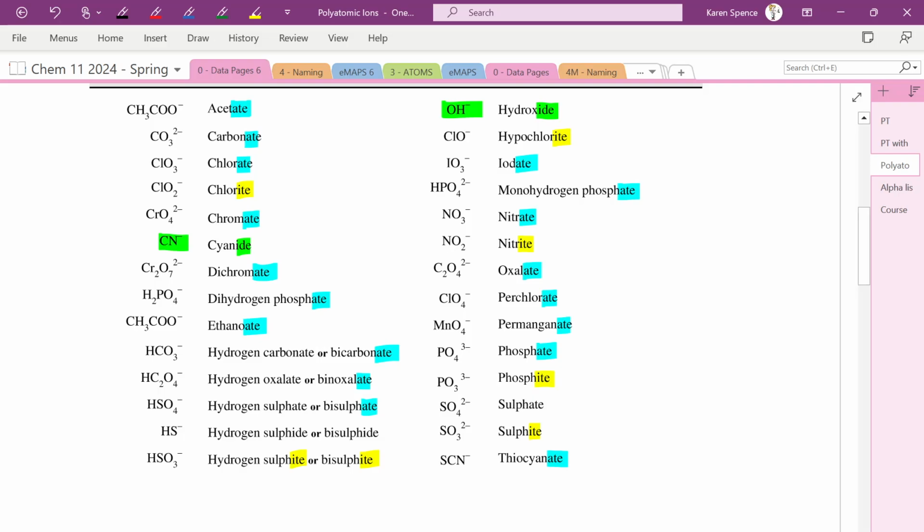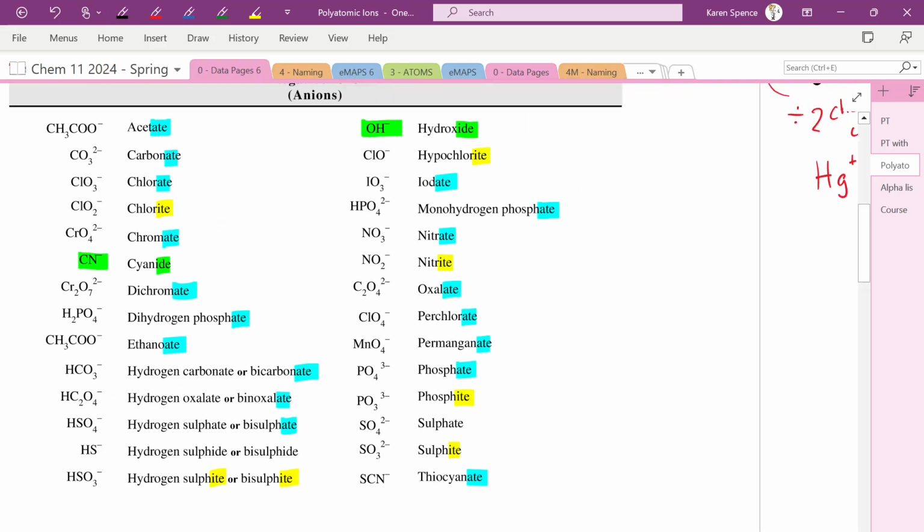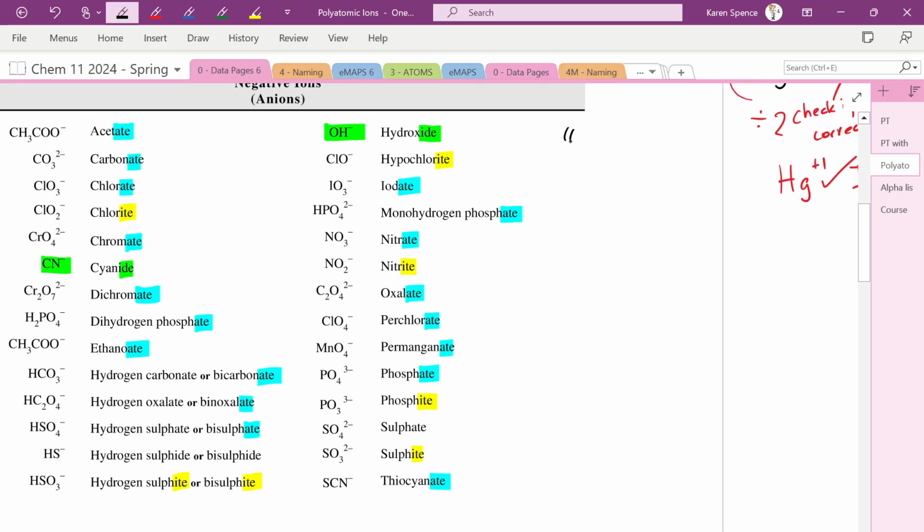Where would you find most of your ide ions? Ide ions are mostly monatomic. What does that mean?